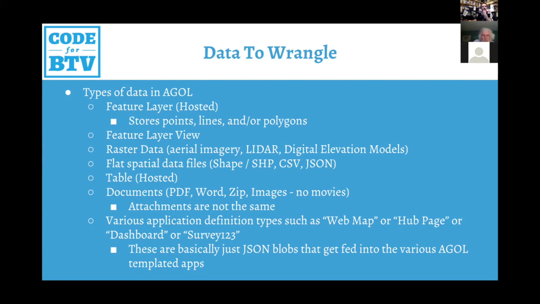And this is how you would do something like drive around, take a point of a location that you're at, and take a picture and attach that picture to that point, so you can keep track of those things. But keeping track of attachments, the images that are saved or the documents that might be attached to a point or a line or a polygon, it's not the same as just ArcGIS Online keeping track of images.